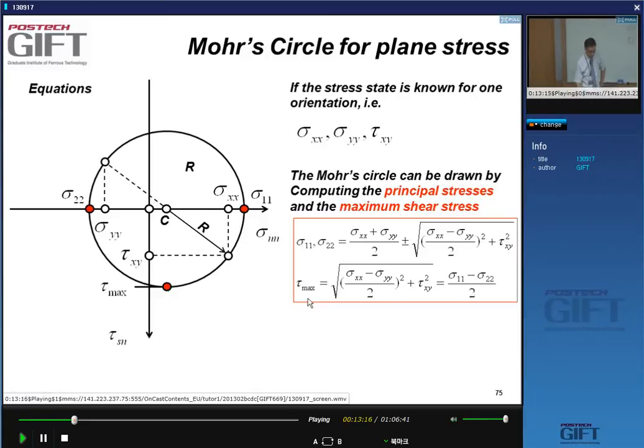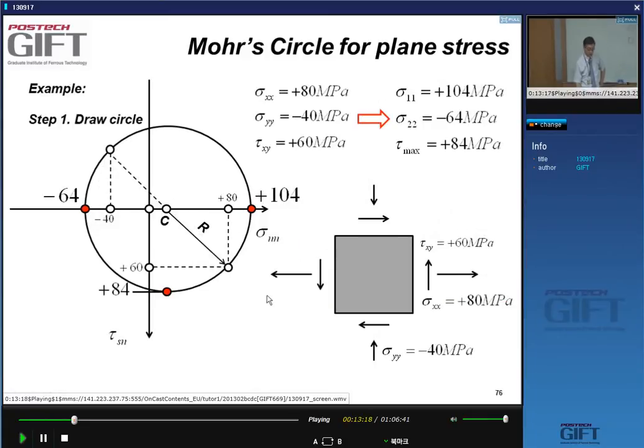Okay, so let's see how this works out in practice. Say I have a stress state, sigma xx is 80 megapascal, sigma yy is 40 megapascal, tau xy is 60 megapascal. So the stress state that I've measured for this little element here has coordinates 80 and 60 for this plane.